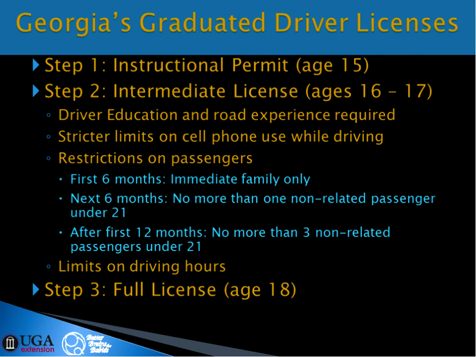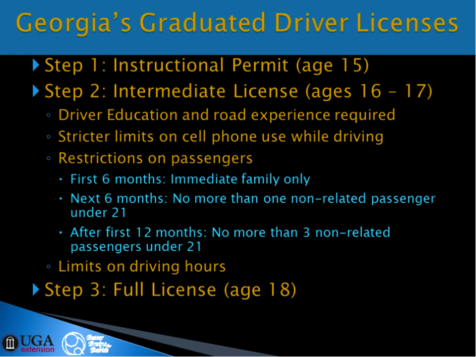If you don't get in an accident, in the next 6 months, you can have no more than one non-related passenger under 21. So you can have one friend in the car with you. If you still don't get into an accident in those 12 months, the rest of the time until you turn 18, you can have no more than 3 non-related passengers under 21.